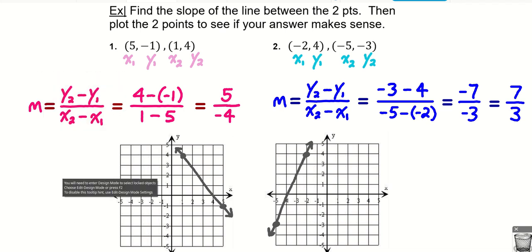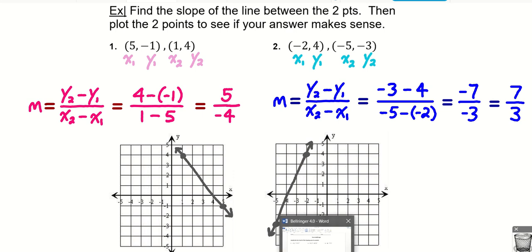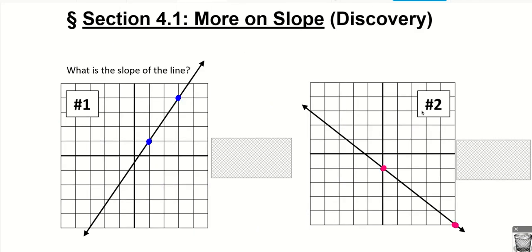All right, the next phase of the lesson, you're going to be turning to this discovery handout. So in a few seconds, you or the substitute are going to do a hard pause on the video. All you're really doing is getting some practice with counting and using the formula.